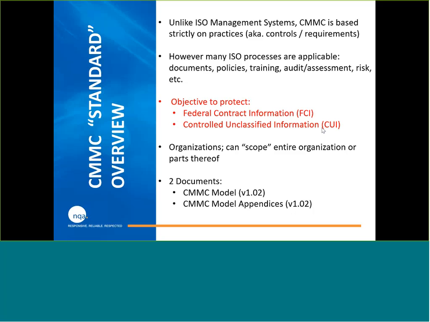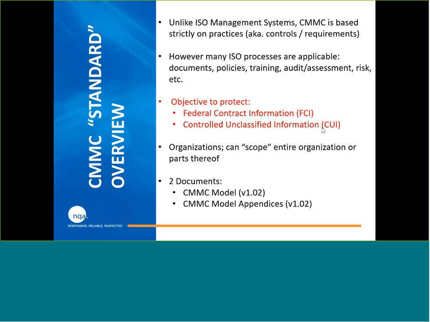Similar to ISO, organizations can scope either the entire organization or parts thereof for this CMMC certification. Another key thing to note is that once you achieve CMMC certification, it is good for whatever other contracts come out for that same level, assuming that the scope is equivalent as well. So that, I guess, is the risk of scoping down too much.